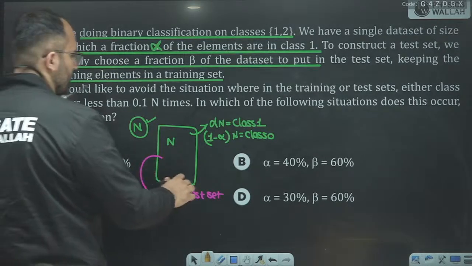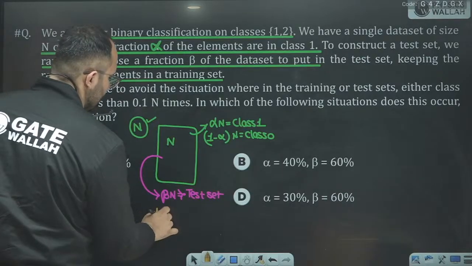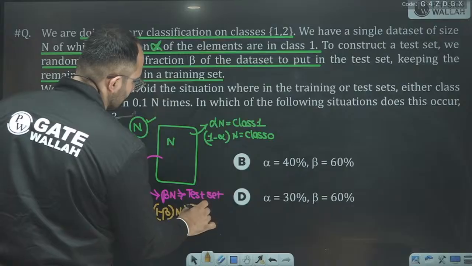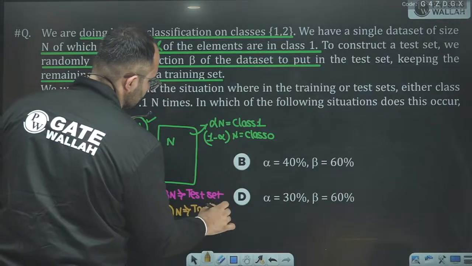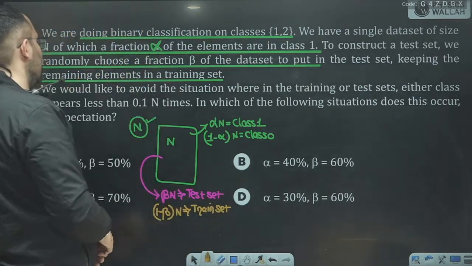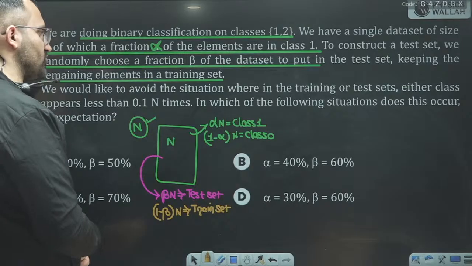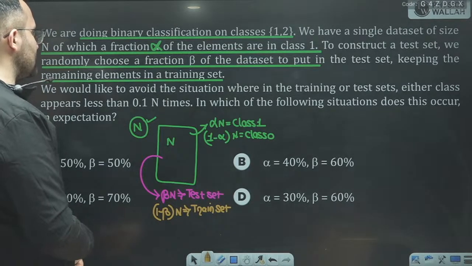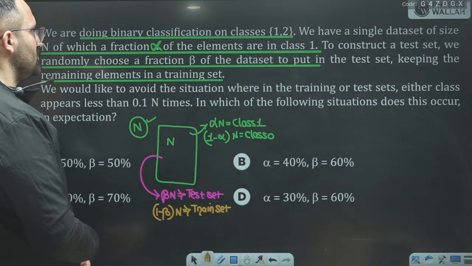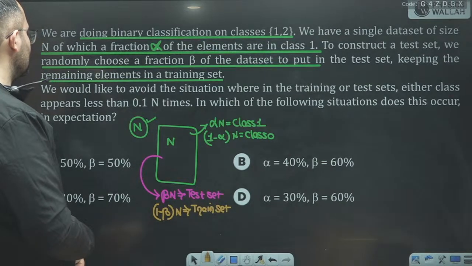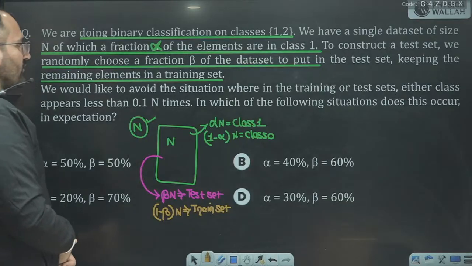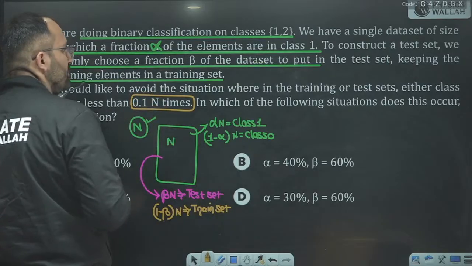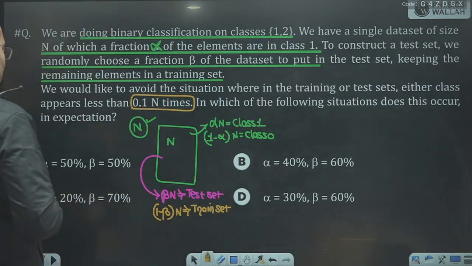So, this is the test set and obviously 1 minus beta into n will be in the training set. Now, we would like to avoid the situation wherein in training or the test set either class appears less than 0.1 n times. In which of the following situations does this occur in expectation?